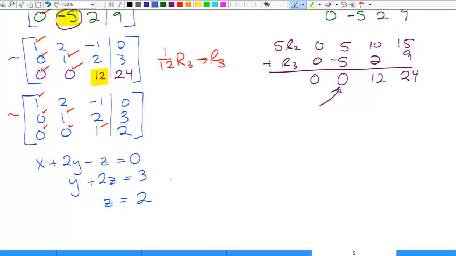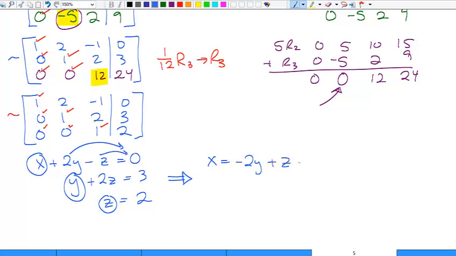Okay, I would like to change these equations to solve for the x, to solve for the y, and to solve for the z. Because we had 1's down the diagonal, I know these will always be 1x, 1y, and 1z. So the first equation is x is equal to, I'm going to have to move these two things over, negative 2y plus z plus 0. Notice that the positive 2y moved to the other side and became negative.